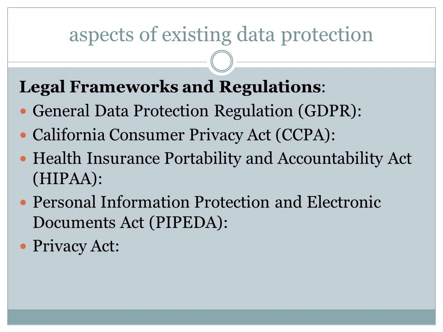Under legal frameworks and regulation, it deals with the General Data Protection Regulation, the California Consumer Privacy Act, the Health Insurance Portability and Accountability Act, the Personal Information Protection and Electronic Documents Act, and lastly we have the Privacy Act.